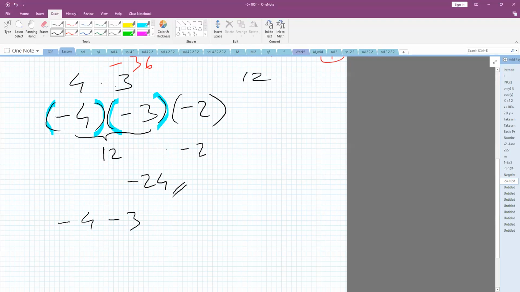So if you don't have a negative sign with 4 and with 3, you don't have to use a bracket, right? Now when you need to multiply negative 4 and negative 3, usually we put a bracket. So brackets are always used for negative, to avoid the confusion between this and this one, because they mean different things.